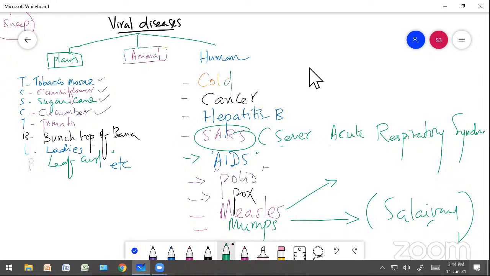Suddenly the salivary glands are affected by the virus and swell up, right? That is mumps. Between the ear and the nose, you can see a swelling portion. That is the mumps disease.